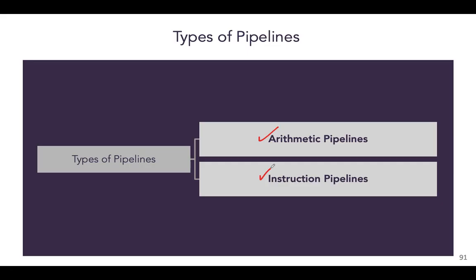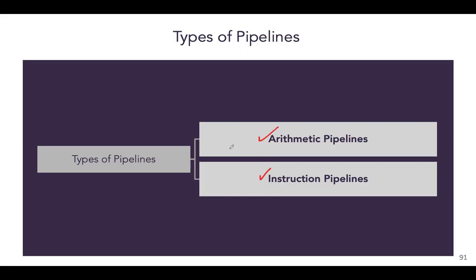Either we have a large arithmetic operation that can be divided into subparts, or we have several instructions that need to be executed, and those can be executed simultaneously. So that is why both arithmetic operations and instruction executions offer avenues for pipelining, and which is why we're going to discuss these two kinds of pipelines.